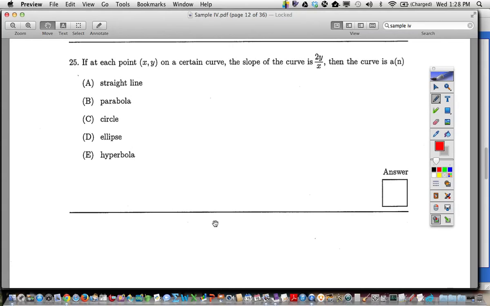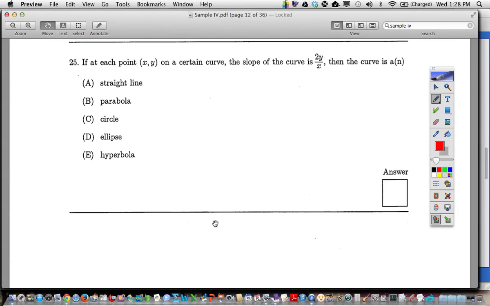All right. This is sample 4, problem number 25. A few of you have asked me about it. And I think if you go back probably through sample 3, I think there was at least one of those in there. I don't know about the free response. We haven't talked much about that yet, but the free response might have had some too. But in the multiple choice, there's typically one of those as well.